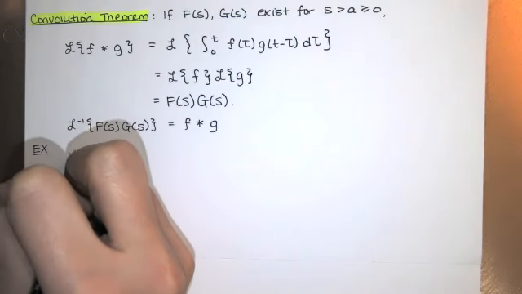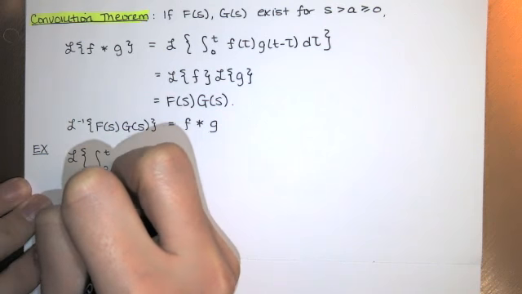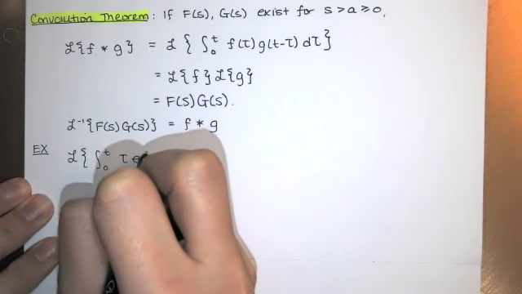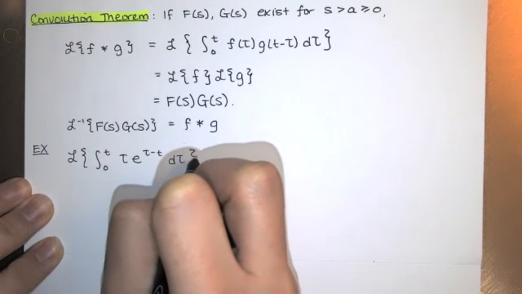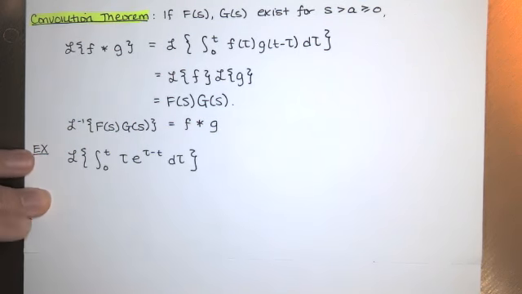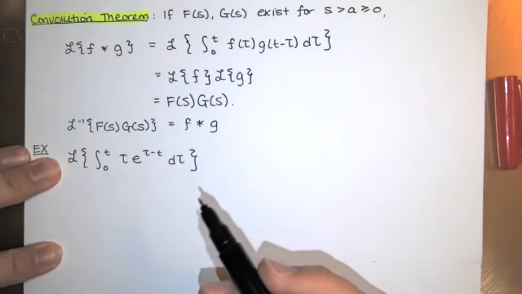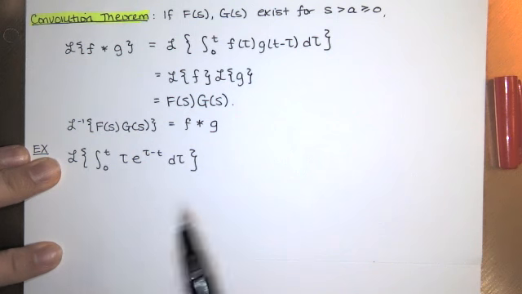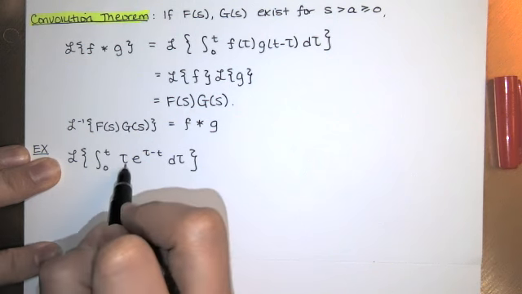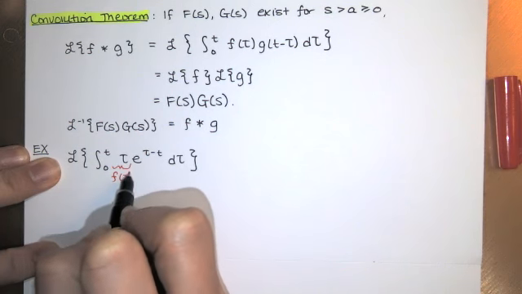So let's say that somebody wants you to compute the integral from 0 to t of tau times e to the tau minus t d tau. As soon as I see that integral, I'm thinking it's probably a convolution of two functions. Remember the pattern for convolution. This is the integral of f of tau times g of t minus tau. So if I see a function of just tau, I'm going to think of that as my f.